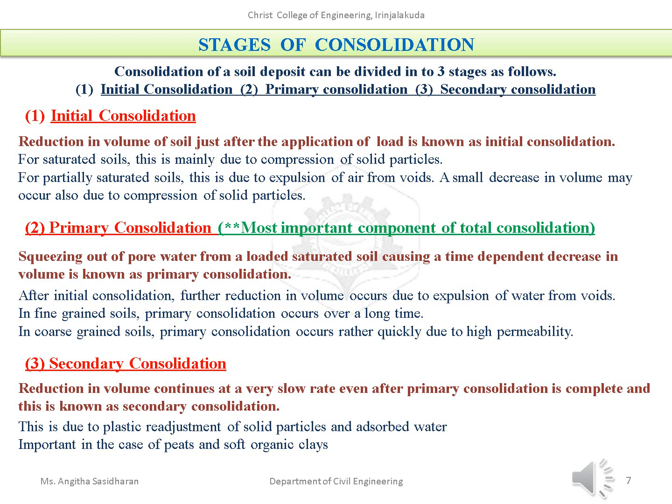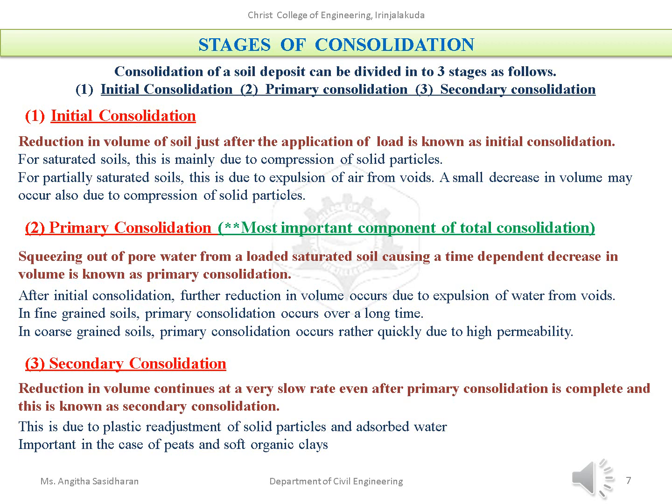And now coming to primary consolidation, that is due to squeezing out of the pore water from a saturated soil that is loaded, and that will be a time dependent process which causes decrease in volume. That is primary consolidation, same as what we have seen in the definition for consolidation.